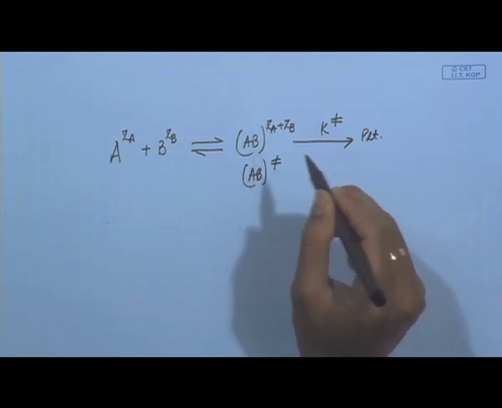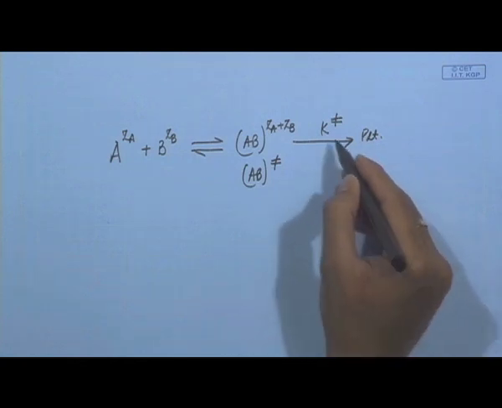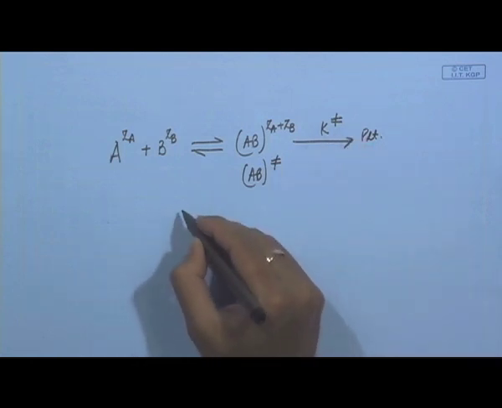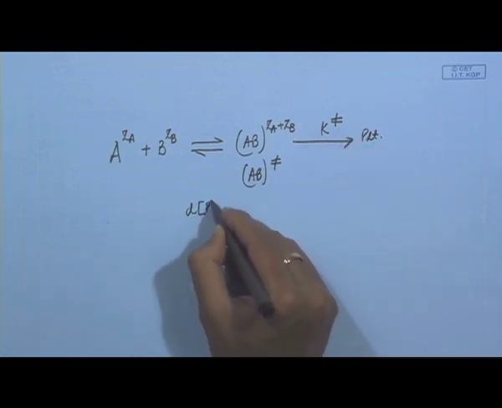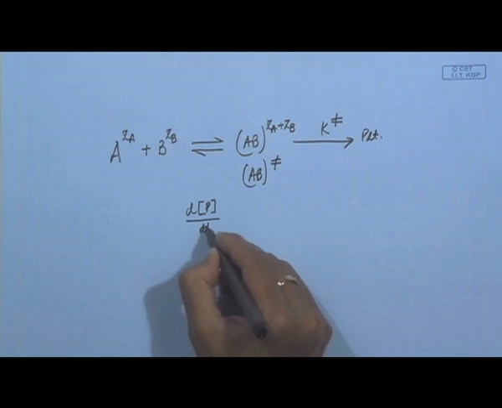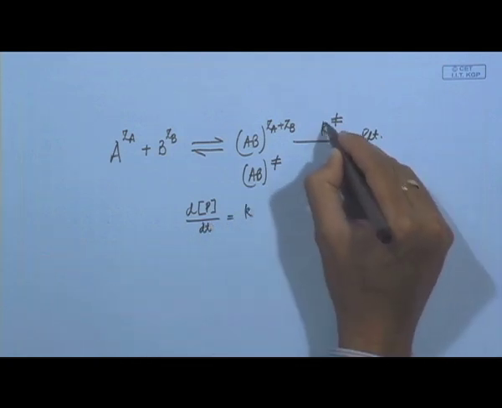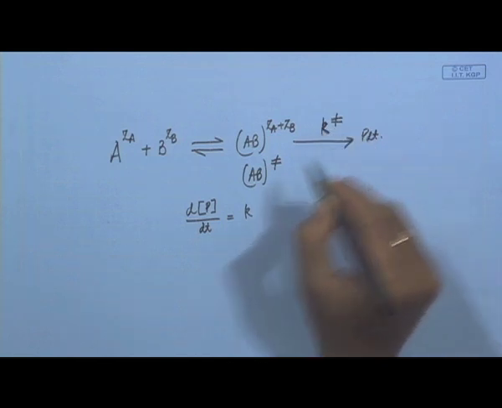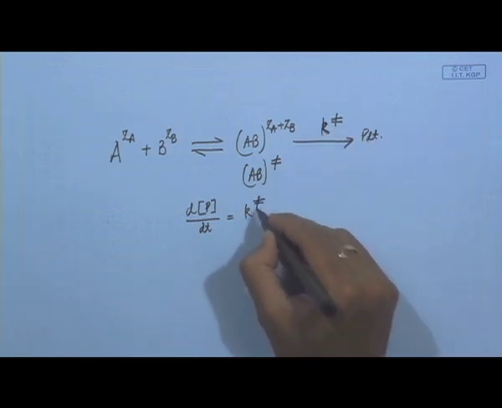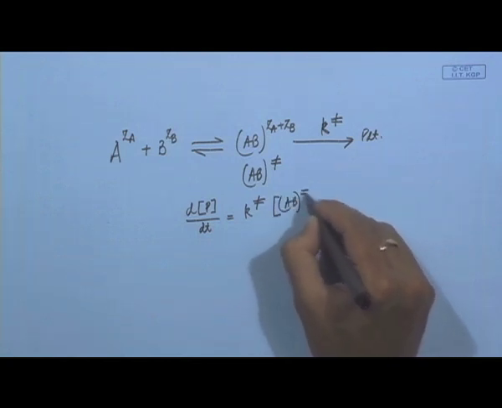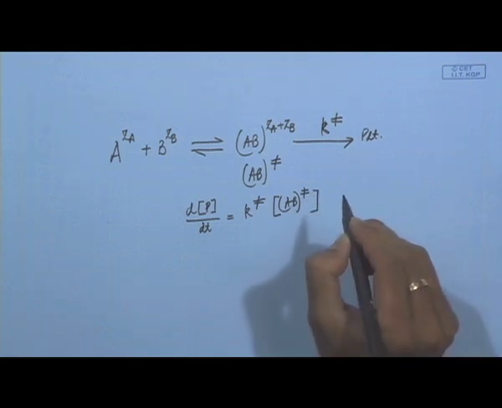So, what is the rate of formation of the product? This is the rate constant. So the rate of formation dP/dt will be equal to K double dagger, the rate constant, not the equilibrium constant, times the concentration of this.